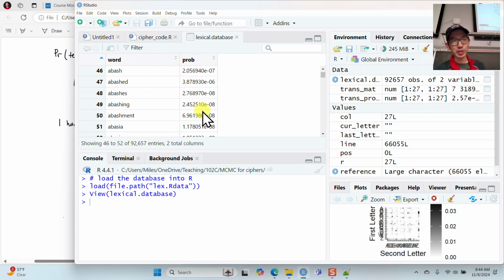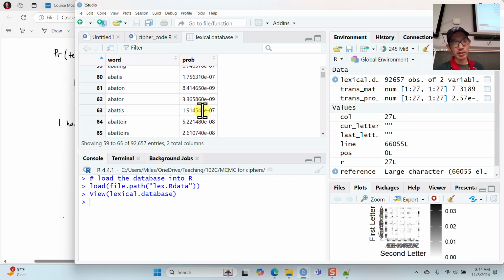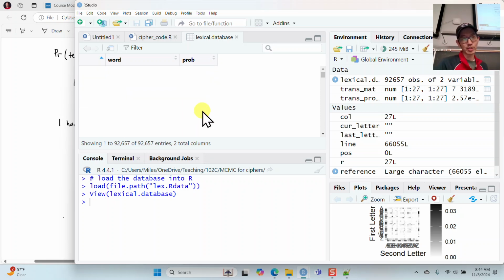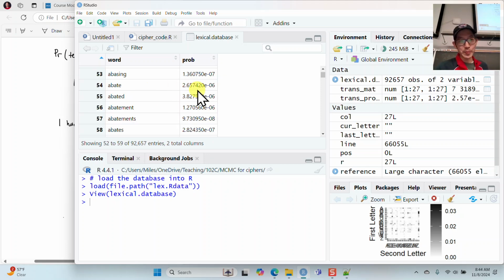I'm not 100% sure how they calculated these things. Abate has a relative probability of 2.6 times 10 to the minus 6. Abated is apparently a little bit more common with 3.8 times 10 to the minus 6. Abatement is less probable with 1.27 times 10 to the minus 6, and abatements is 9.7.